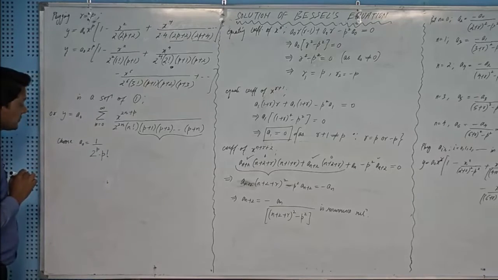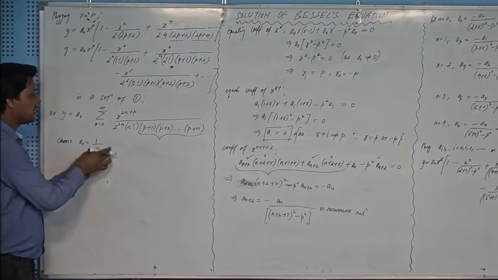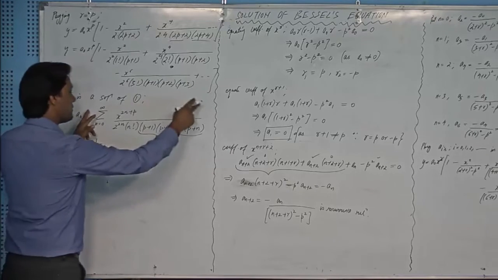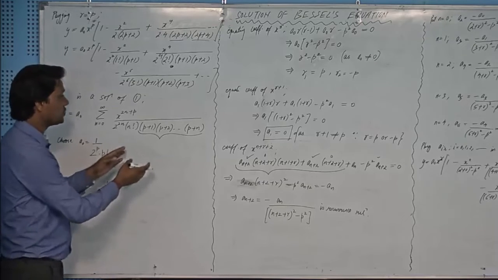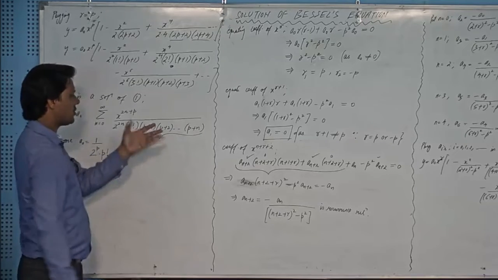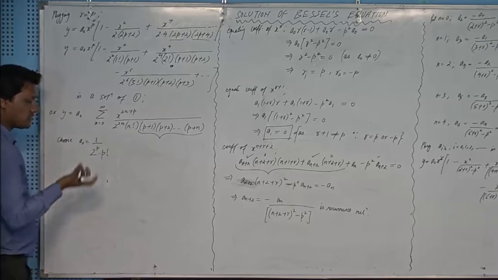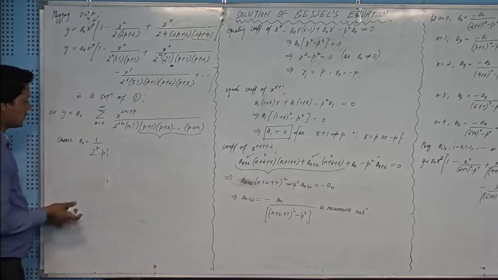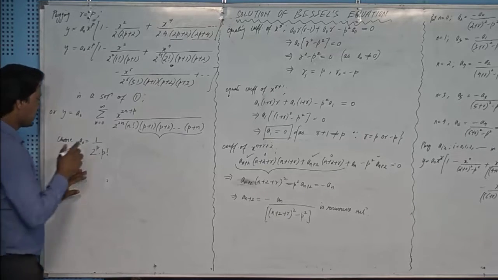If you choose this a naught this much, then this summation form will not look ugly. It is looking very ugly due to the presence of these odd terms, this power of 2. So in order to achieve a beautiful summation form, you have to put the substitution a naught equal to this much.